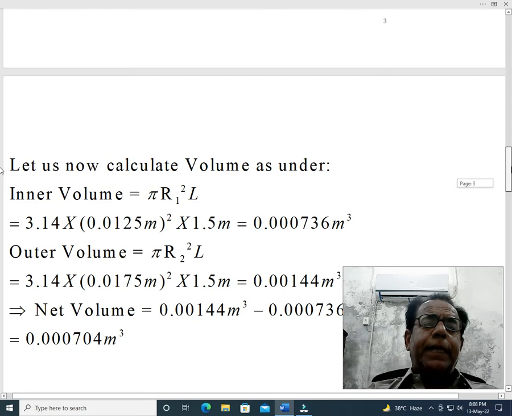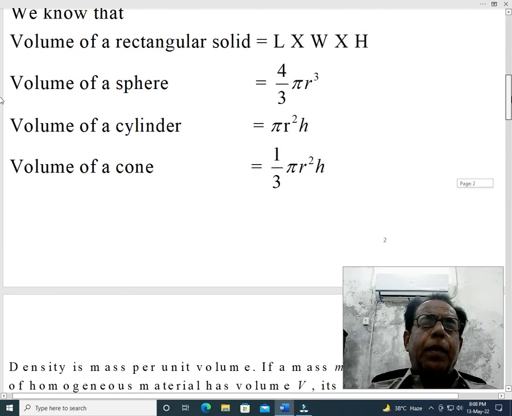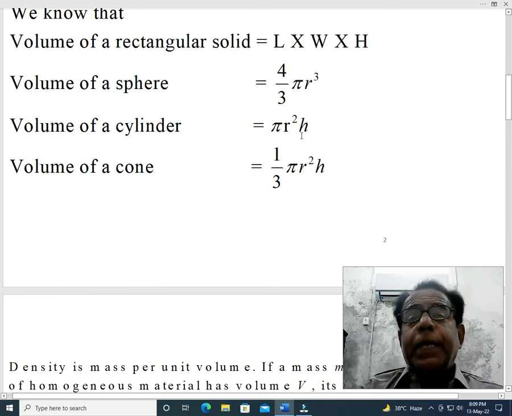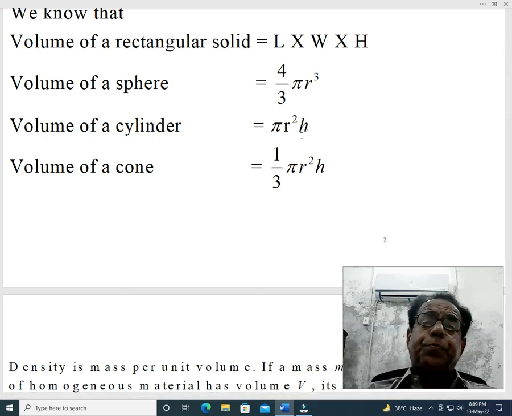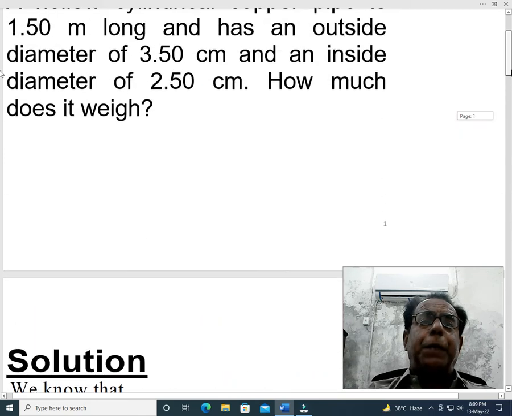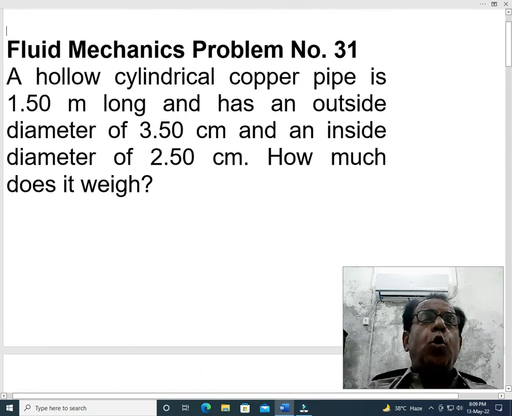Volume of a cylinder is equal to pi r square H. H stands for height, and this is a copper pipe, a cylindrical pipe. Okay, a hollow cylindrical copper pipe, and we know that a pipe is lengthy. Pipe has length instead of height.